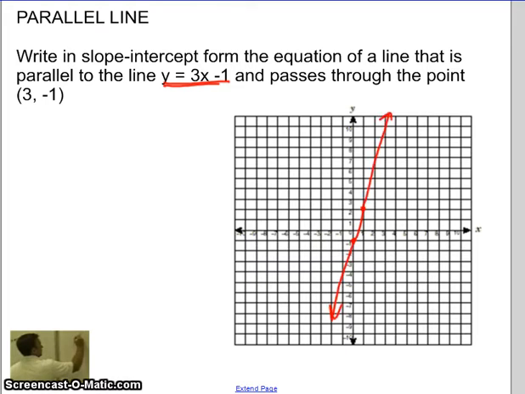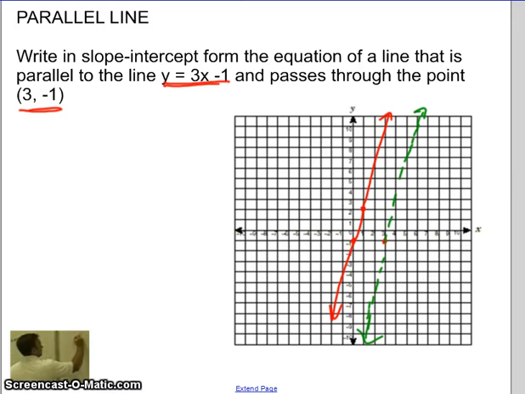It looks something like this. But we want to write an equation for a line that's parallel to it that passes through this point, and that point is right here. So the line we're going to draw should look something like this. We've got to figure out the equation for that line.